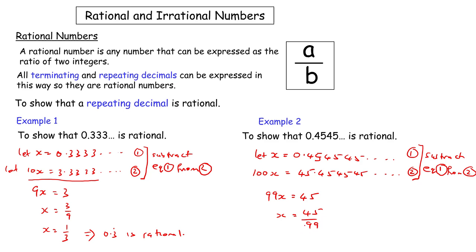Can I simplify that? Well, if I look at it, 4 and 5 gives me 9. 9 gives me 18. They're both in the 3 times table. So 3 goes into both of them. 3 goes into 45, 15 times. And into 99, 33 times.